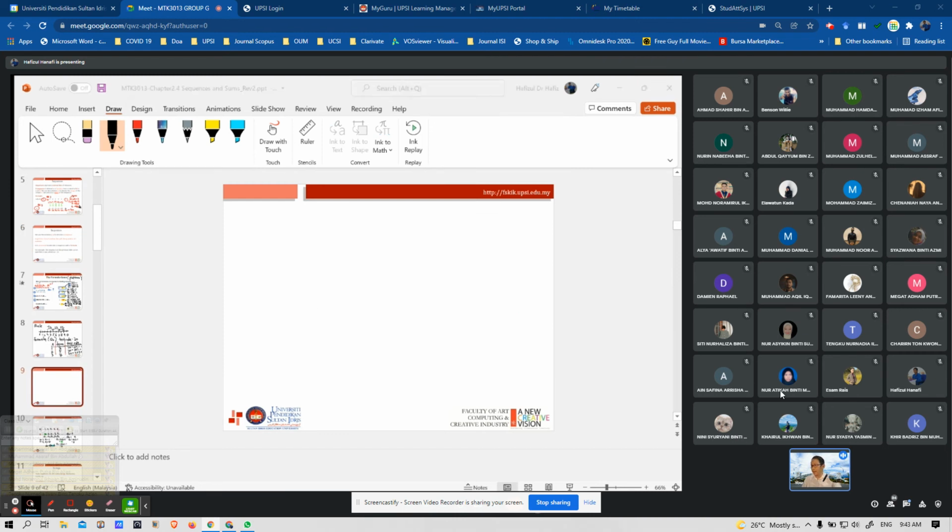Okay, and then we can write a sequence as a notation. For notation, for example, we have x_n, whereby x is the term and n is the term number.